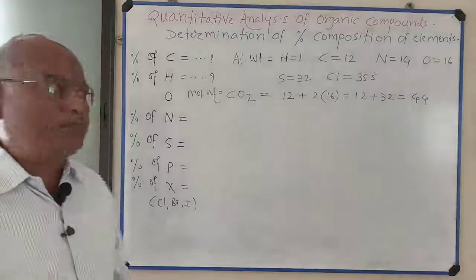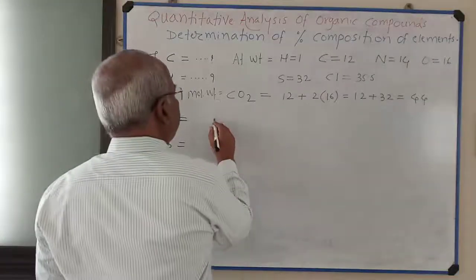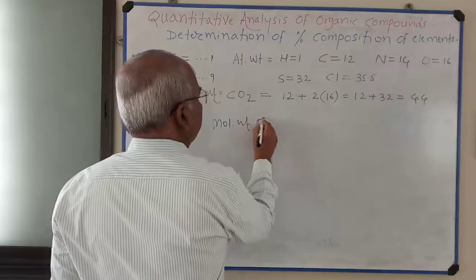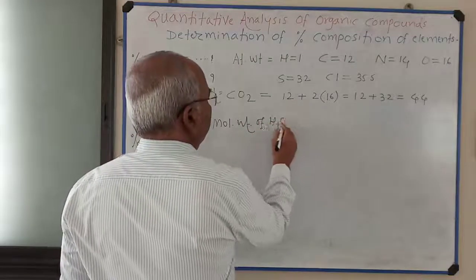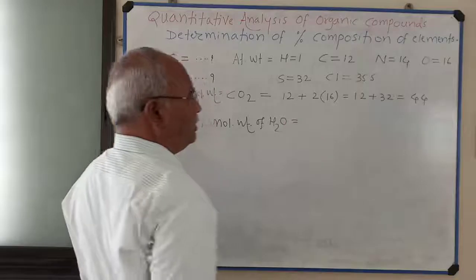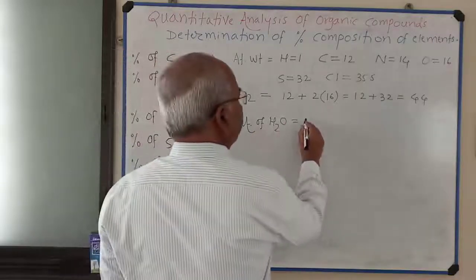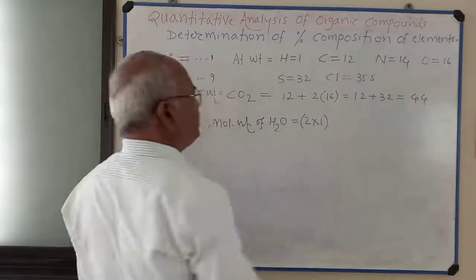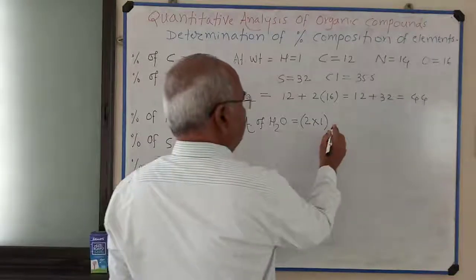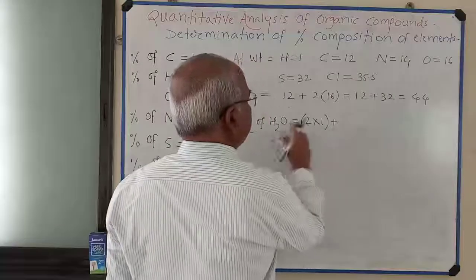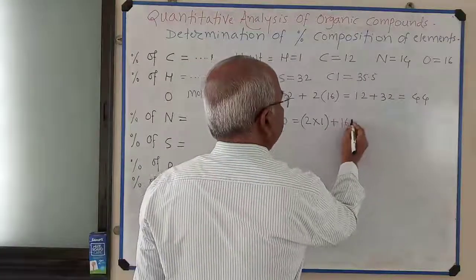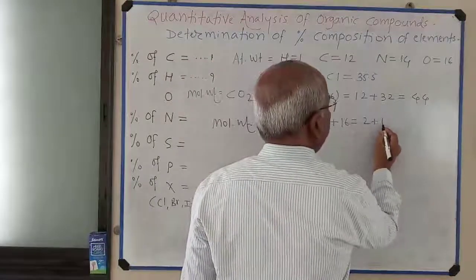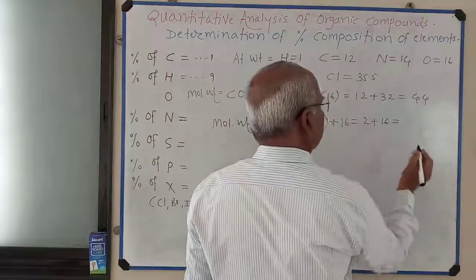Here I shall tell you how to calculate molecular weight of H2O. There are two hydrogen atoms, therefore I write 2 into 1, atomic weight of hydrogen is 1, plus atomic weight of oxygen is 16. That is equal to 2 plus 16, that is equal to 18.